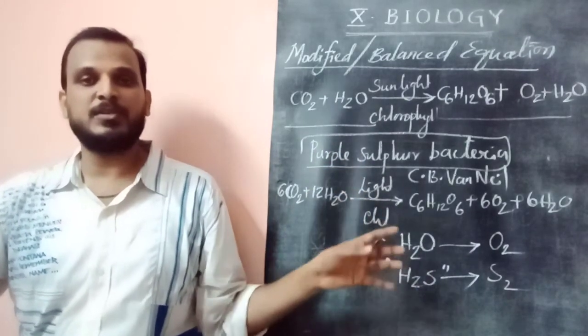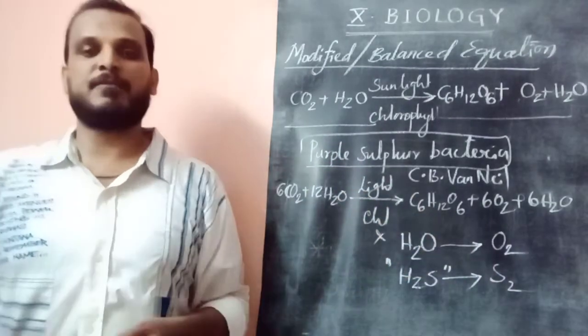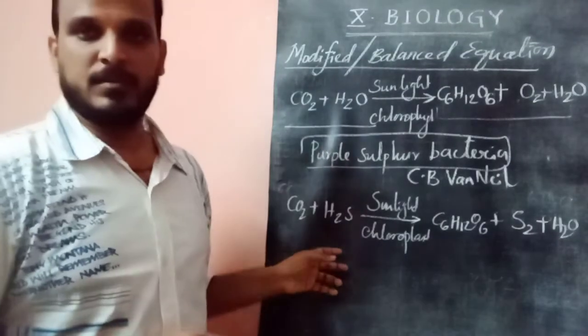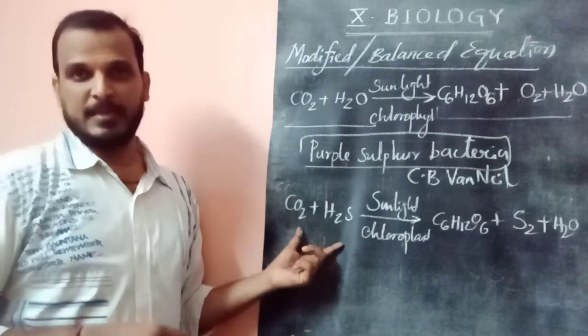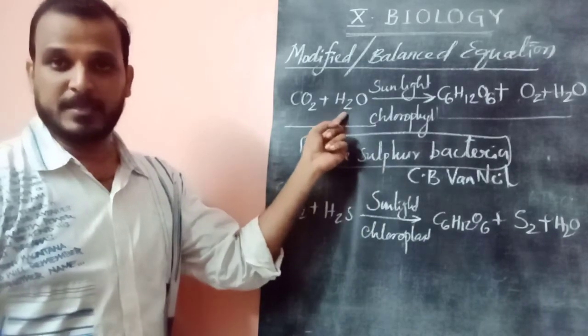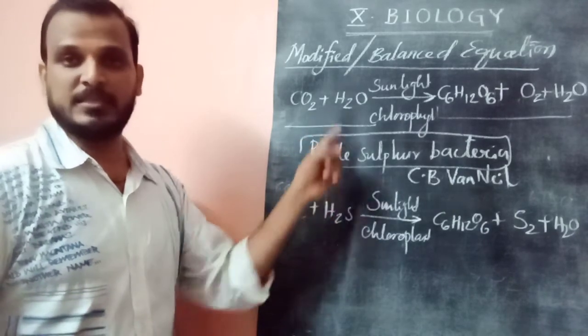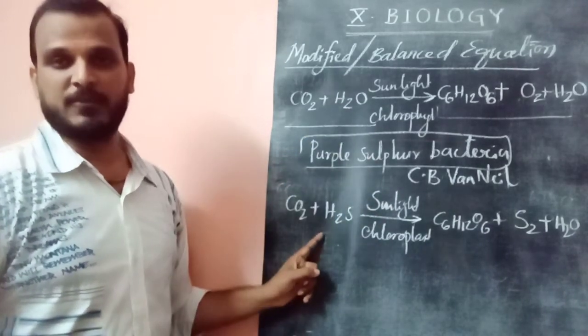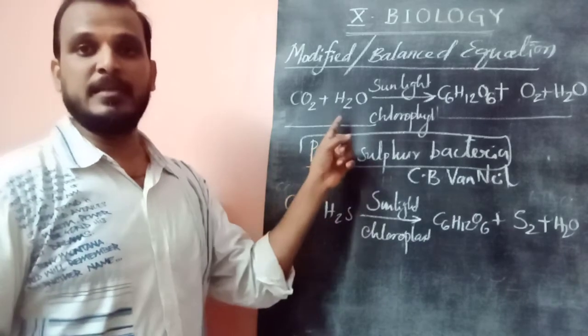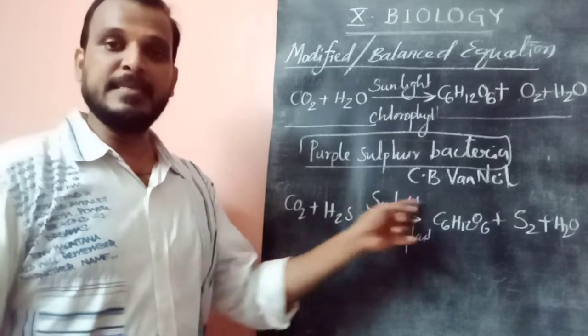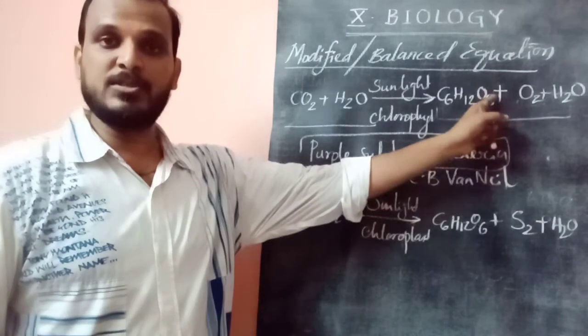When we observe this equation once again in purple sulfur bacteria, you can observe this. Generally plants use water, but purple sulfur bacteria use H2S. Instead of water, it used hydrogen sulfide. As it used hydrogen sulfide instead of water, it releases sulfur instead of oxygen.